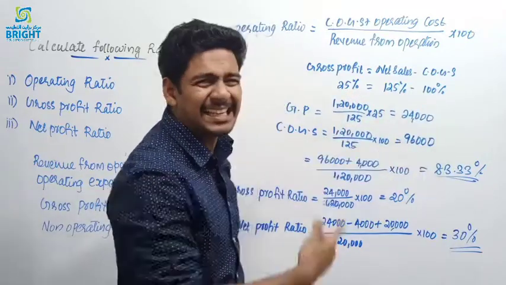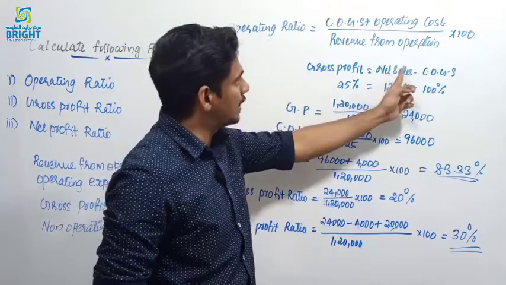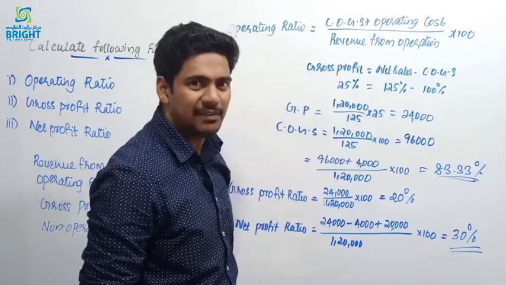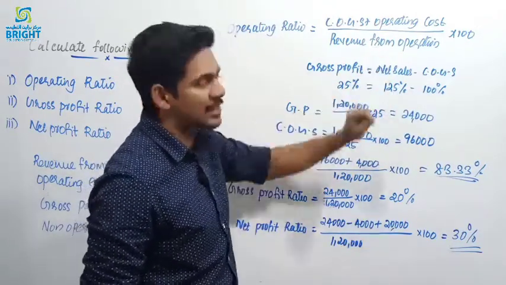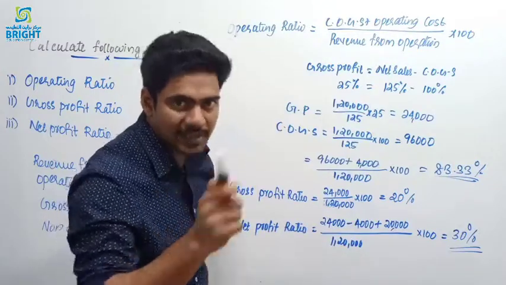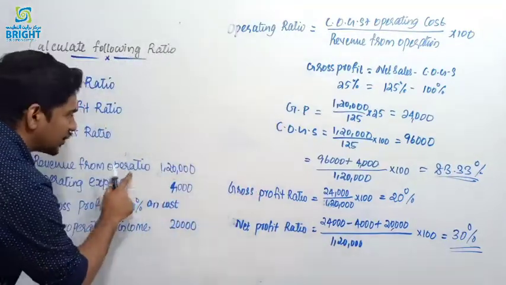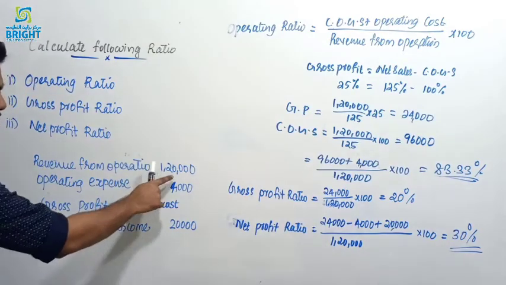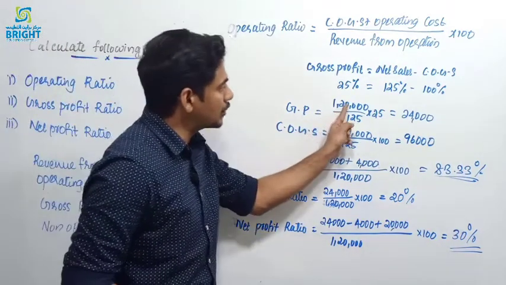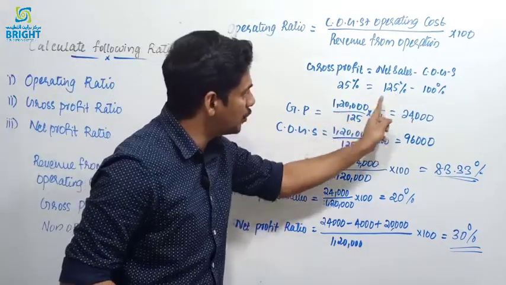From this, if any one value is given, net sales, cost of goods sold or gross profit, we can find the others. Net sales is equal to revenue from operations, which is given as 1,20,000.